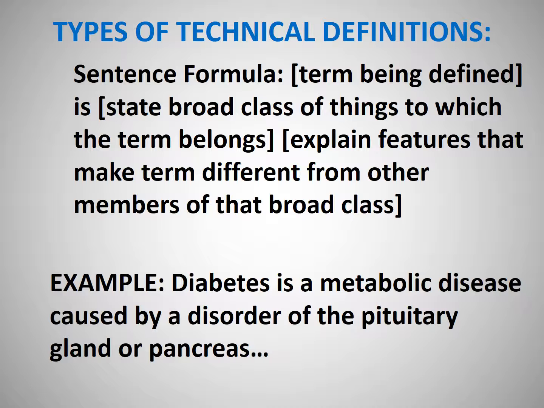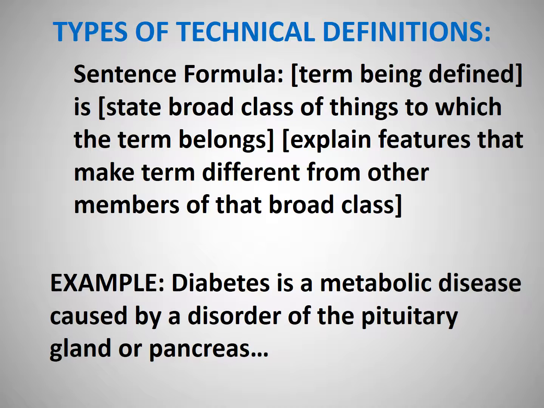All right? You could actually get even more general, and you could say diabetes is a disease. But that's a very big, broad group to which diabetes belongs. So here, we're trying to be a little more specific, but we're still talking about a broad category. Metabolic diseases. Right? So, our formula, diabetes is a metabolic disease.